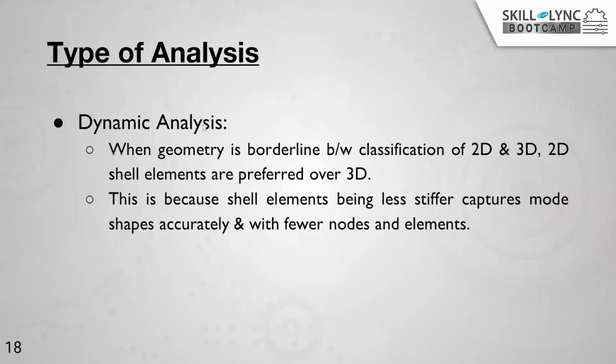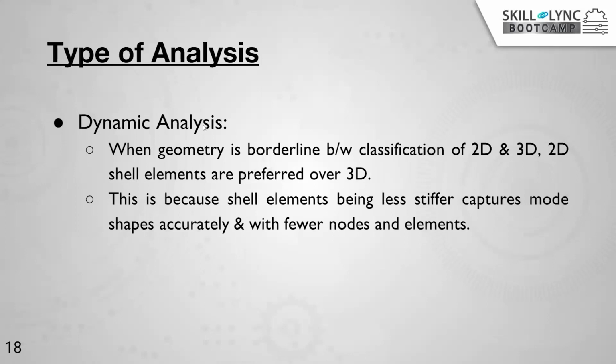Okay, now for dynamic analysis, suppose there is a big geometry. Just take an example of a car. If there is an option that you can mesh it using 2D shell meshing or 3D, always prefer 2D shell meshing. Why? Because apart from reducing the number of nodes by a huge amount, it also results in less stiff elements, due to which it would be able to capture the mode shapes more accurately.